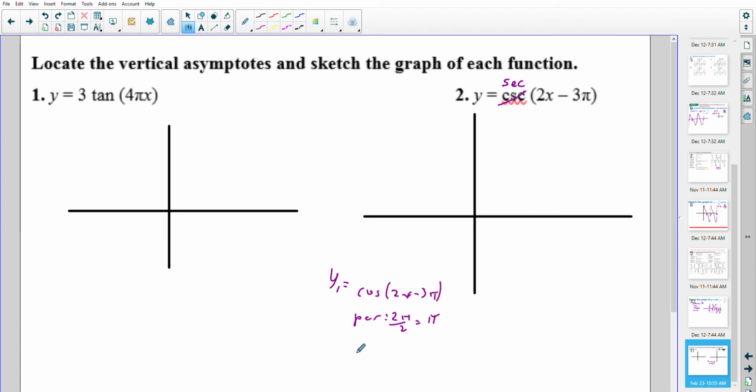The units are pi over 4, and the phase shift is going to be negative c over 2, which means that this is going to be 3 pi over 2 or 6 pi over 4, matching the denominators. Starting with that, 6 pi over 4, and then I want to go every pi over 4 units. So this is going to be 7 pi over 4.